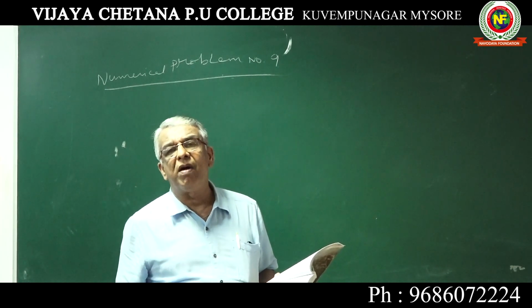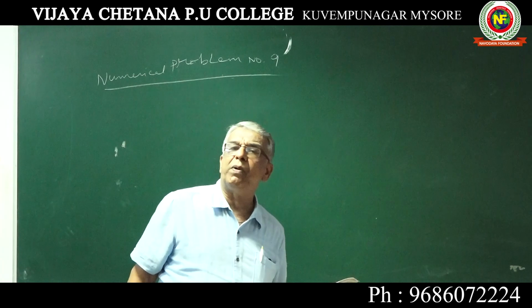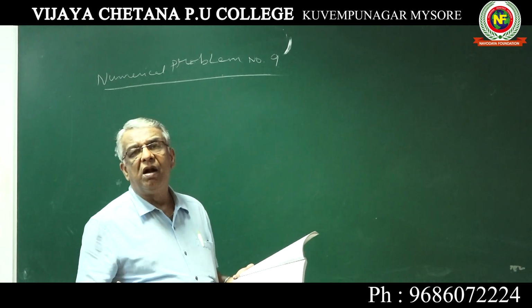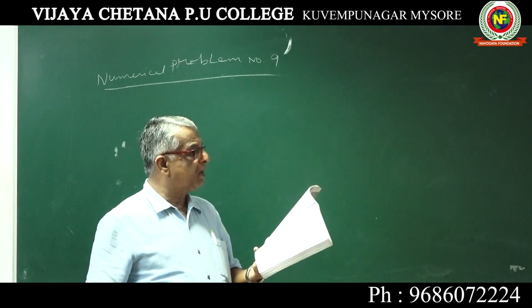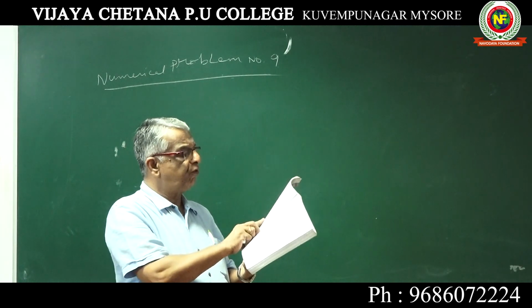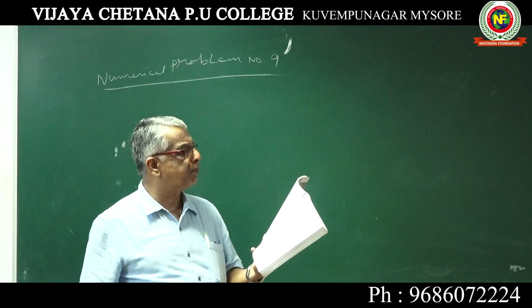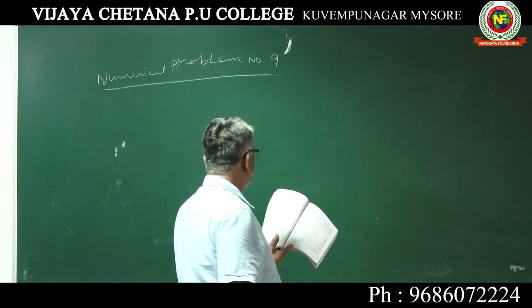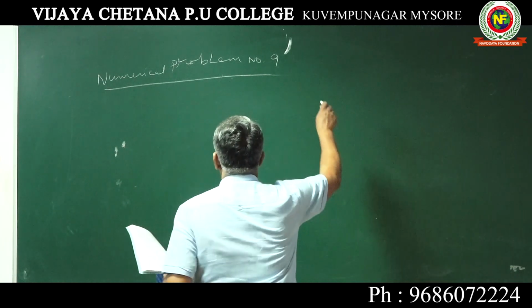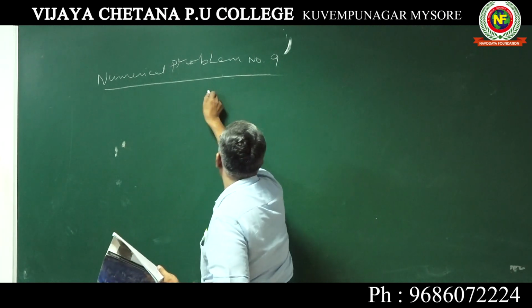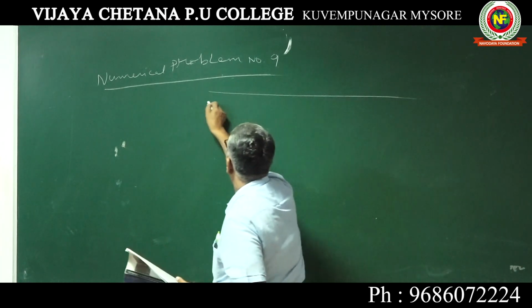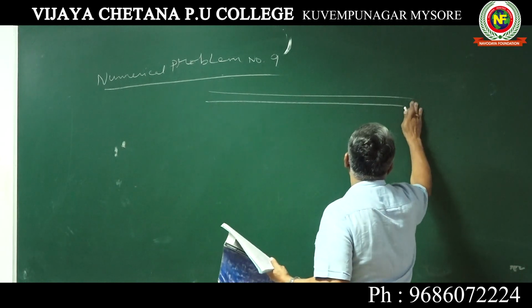Capital fund is nothing but the difference between the opening values of assets minus liabilities. Here he has given the opening values of various assets in this problem. So firstly I would like to prepare the opening balance sheet. So here I am ruling this for the balance sheet.